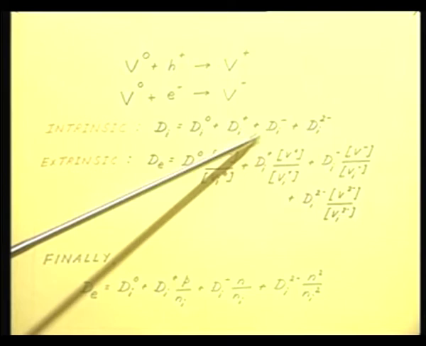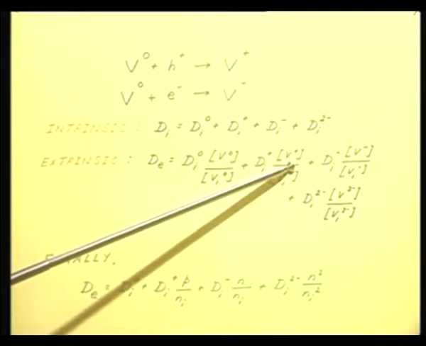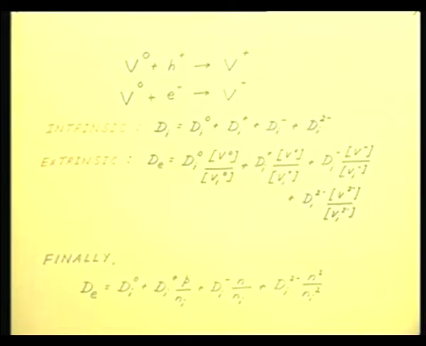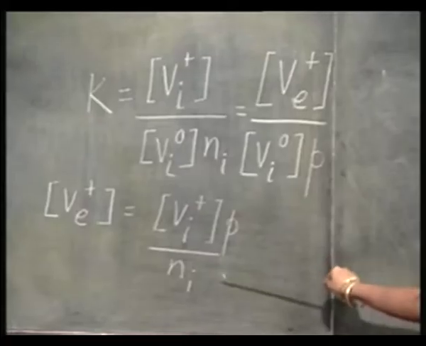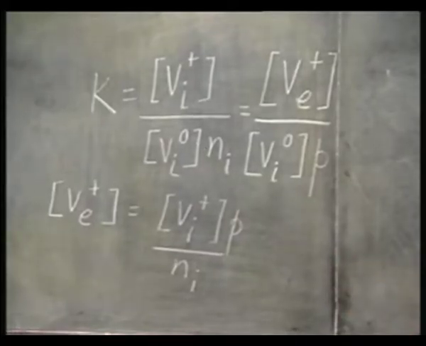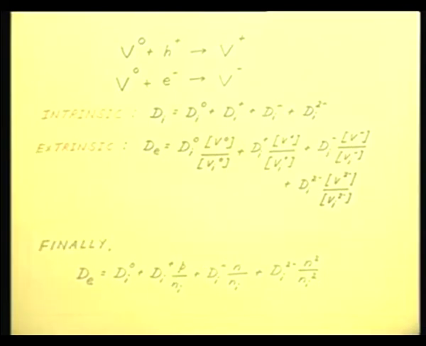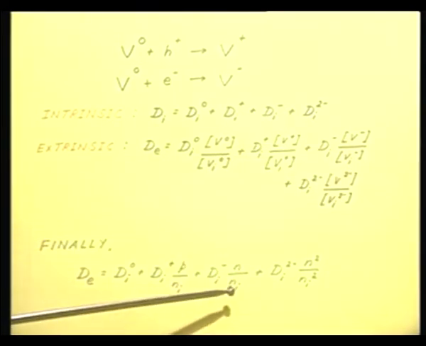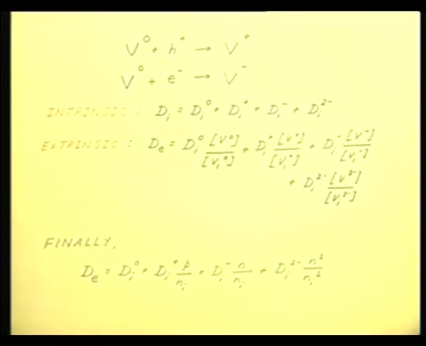In the second term, what happens? This is my extrinsic positively charged vacancies, this is my intrinsic positively charged vacancies, and their ratio is given by p by ni. So, I can replace it by p by ni. In this third term, this ratio is going to be n by ni, and in the fourth term it is going to be n square by ni square.